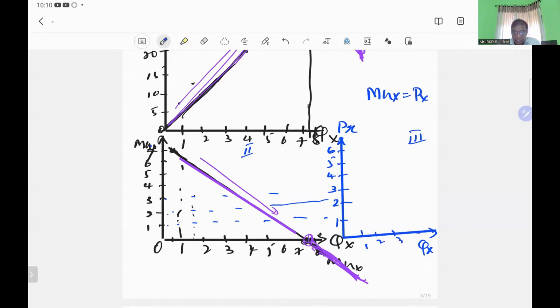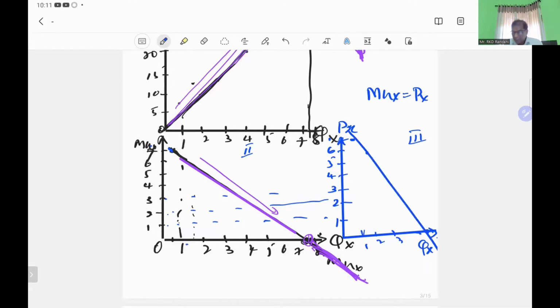Then according to the marginal utility 0 to 1, 7. Here 1 to 7, 1 to 7, 2 to 6. Likewise you have to mark. Then 7 to 8 there is a point that 0, like that.